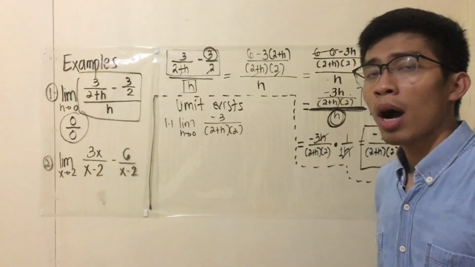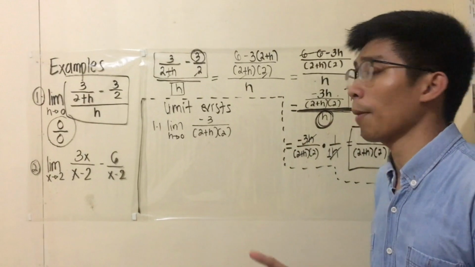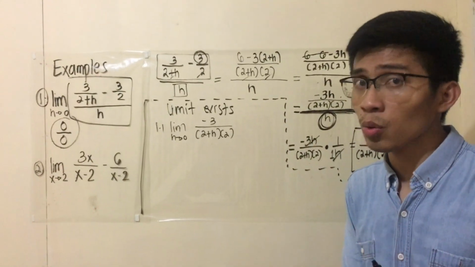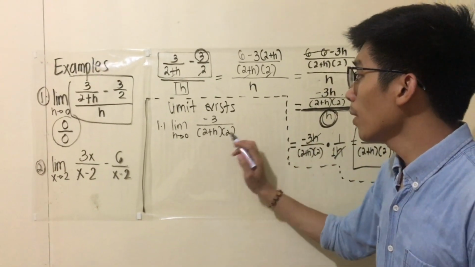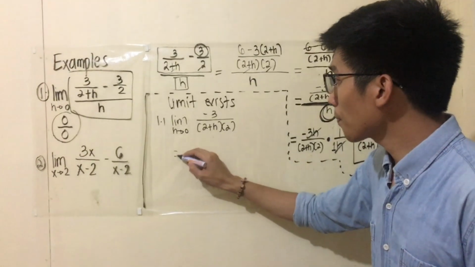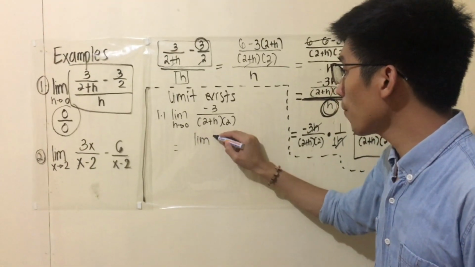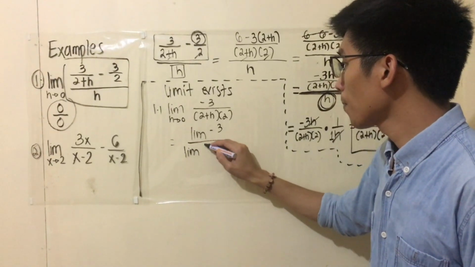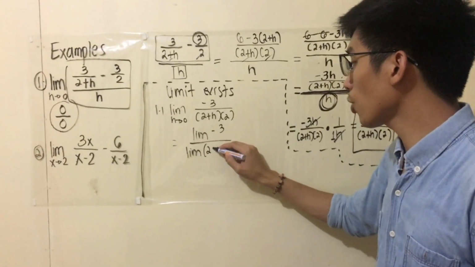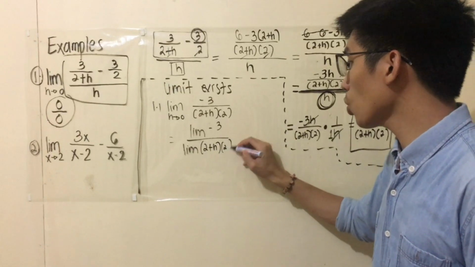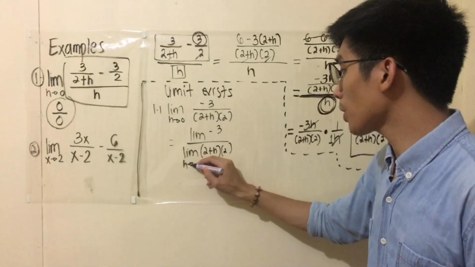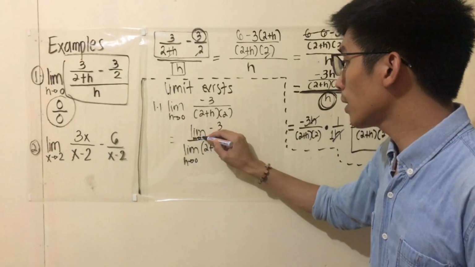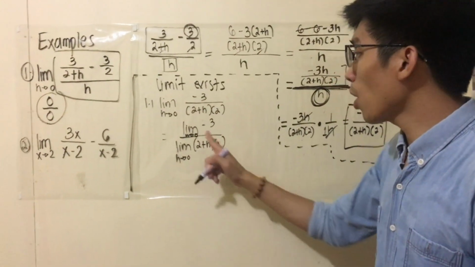Okay, so now, how are we going to solve this problem? We are going to use certain rules. It will become the limit of negative 3 all over the limit of the quantity 2 plus h times 2 as h approaches 0.